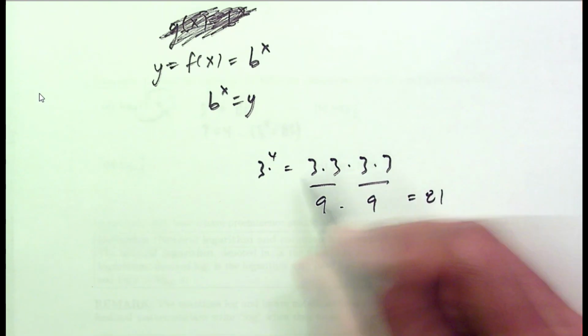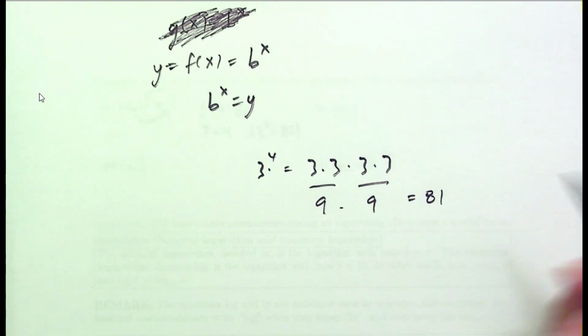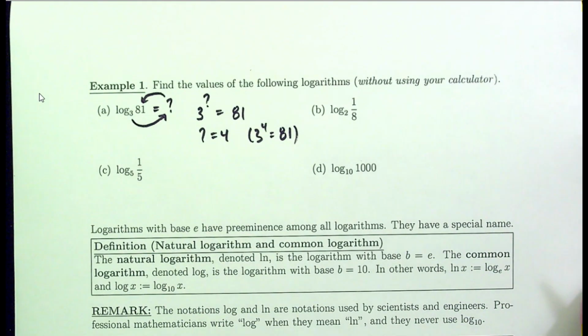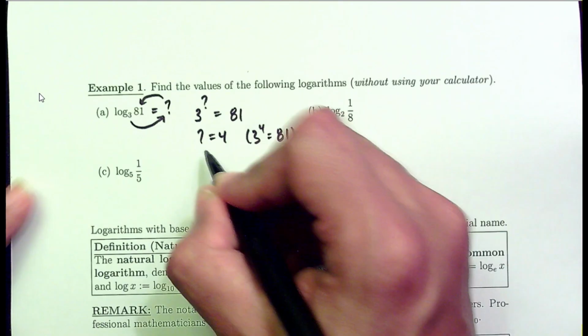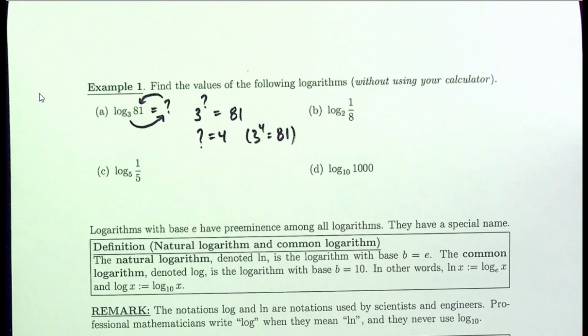So the product of 3 by itself 4 times is 81. Okay, so 4 works, so 4 is the answer. That means the logarithm base 3 of 81 equals 4.